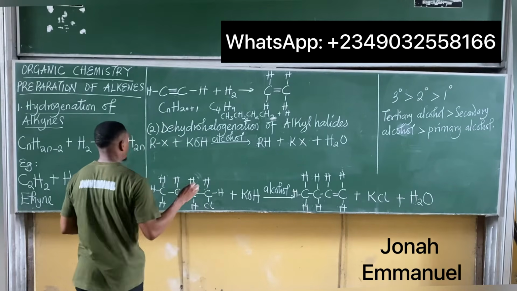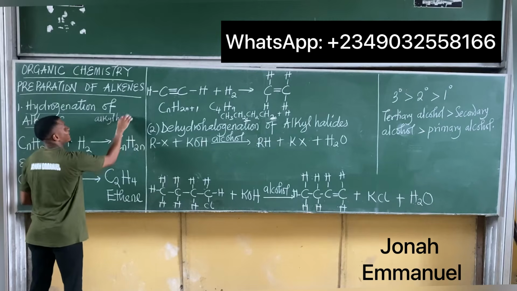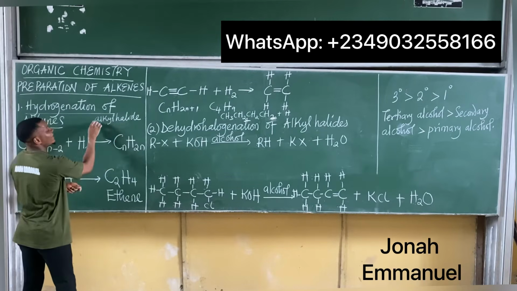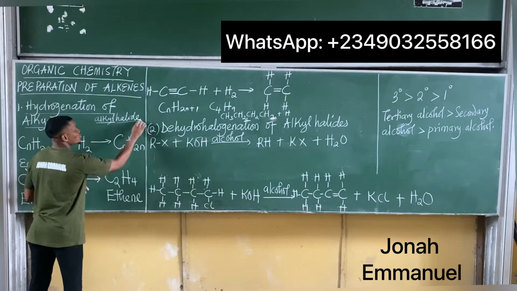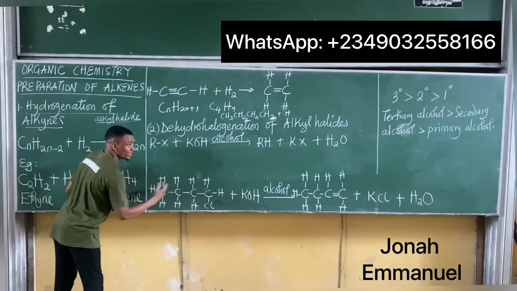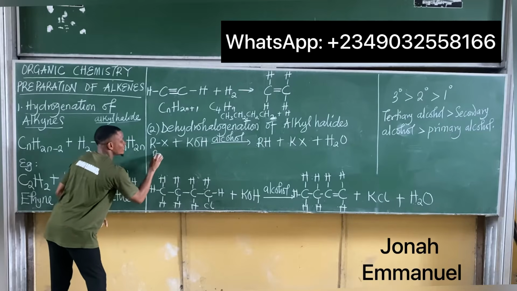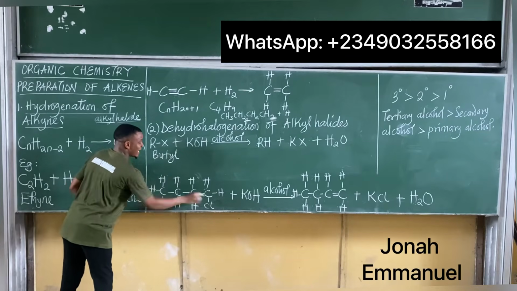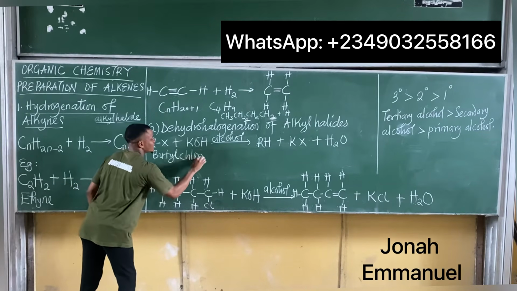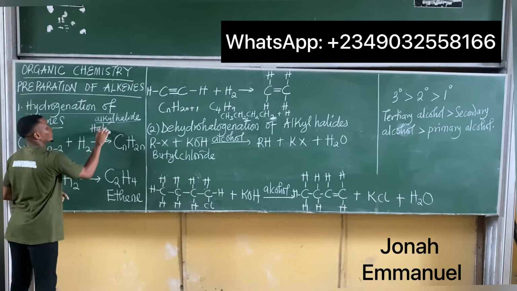As an alkyl halide, it means you call the alkyl group before the halogen. In this case here, the alkyl group was butyl. So as an alkyl halide, this one is called butyl chloride. Or call it a haloalkane.